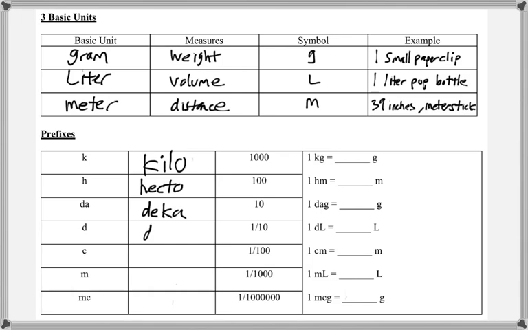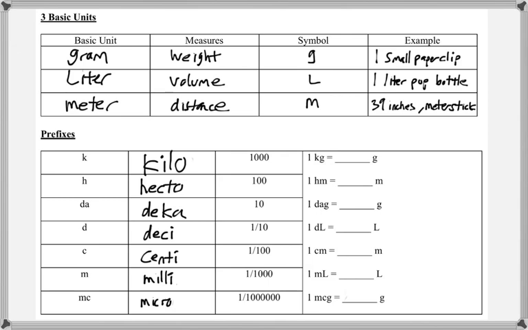D stands for deci, which is 1 over 10. C stands for centi, which is 1 over 100. M stands for milli, which is 1 over 1,000. And MC stands for micro, which is 1 over 1,000,000.